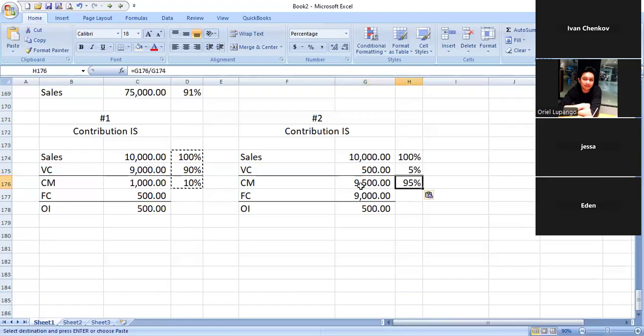But with this high contribution margin, one additional unit sold will bring a huge profit to the company after the break-even point. Here, that's not going to be the case.